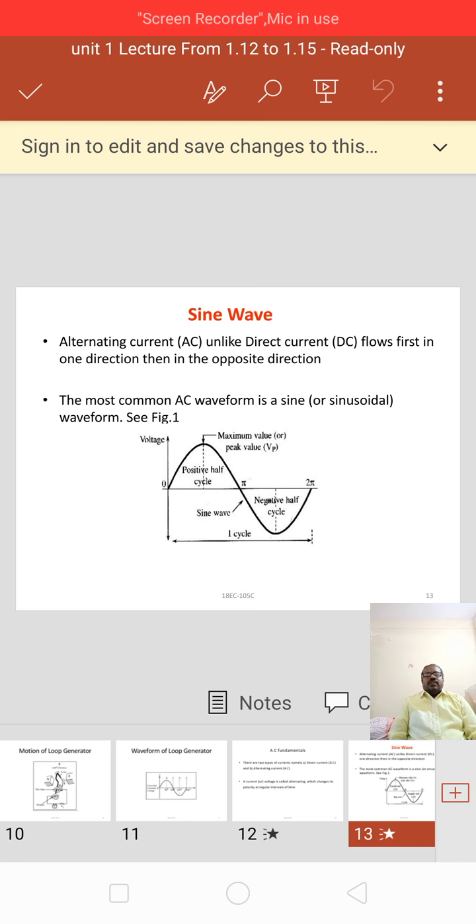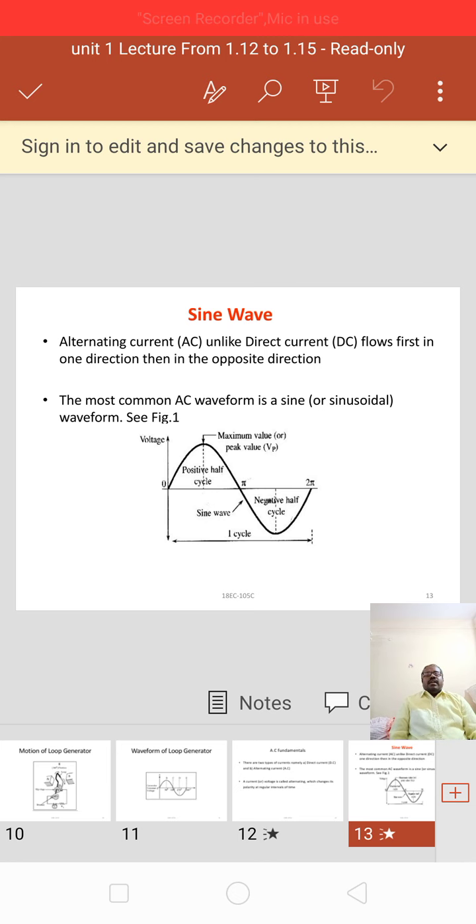Okay, now in this sine wave, as we learned in the simple loop generator concept, it changes from 0 to 90, which is the peak of the positive energy, and that peak is also known as the amplitude or peak value of the positive energy.